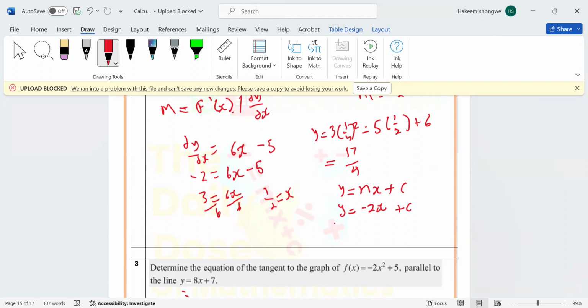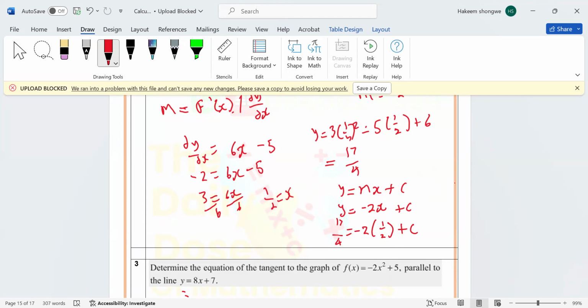So y, 17 over 4, is equal to negative 2 times my x, which is half, plus c. Negative 2 multiplied by half is negative 1. Then negative 1 we transpose to the other side, so 17 over 4 plus 1.